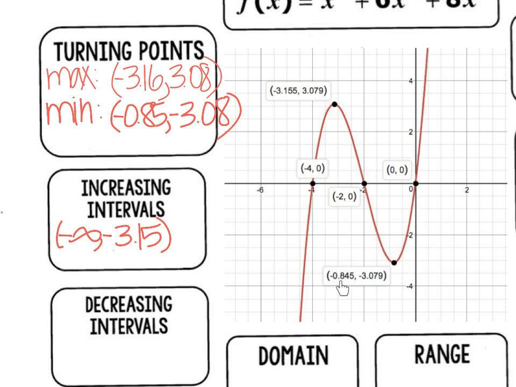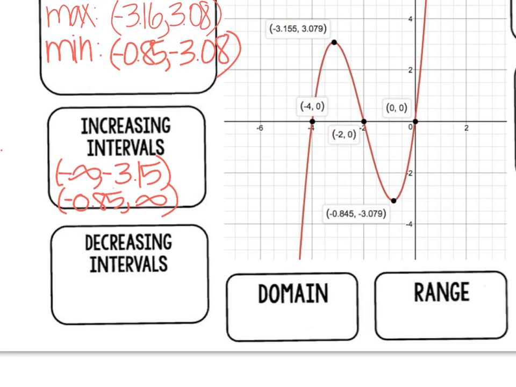So we say from negative 0.85 to infinity. Now our decreasing intervals. The only time our skier is going down the hill is from this point to here. So our decreasing interval would be from negative 3.16 to negative 0.85. All right, so that would be our decreasing interval.